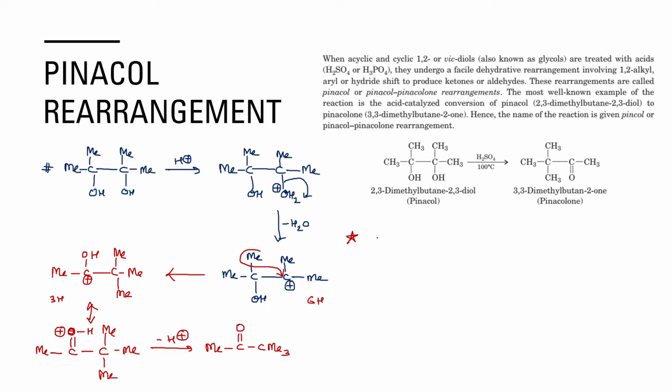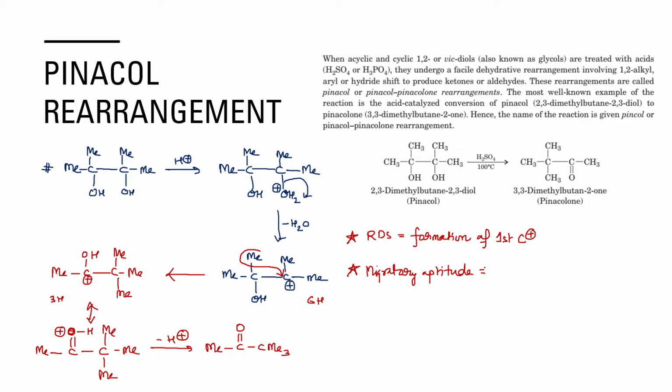इसके कुछ important features हैं. So first feature ये है कि the RDS is the formation of the first carbocation. Second feature ये है कि if there is a competition between the groups to migrate, so migratory aptitude क्या होगी?